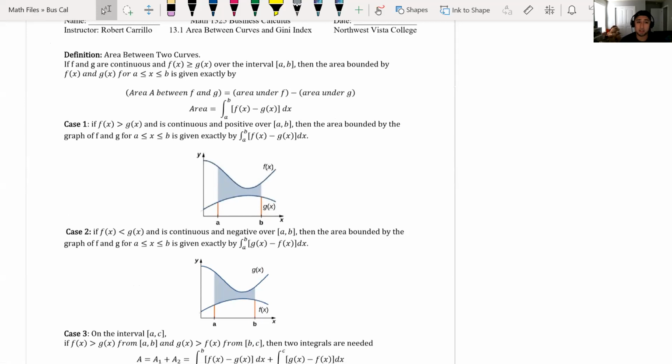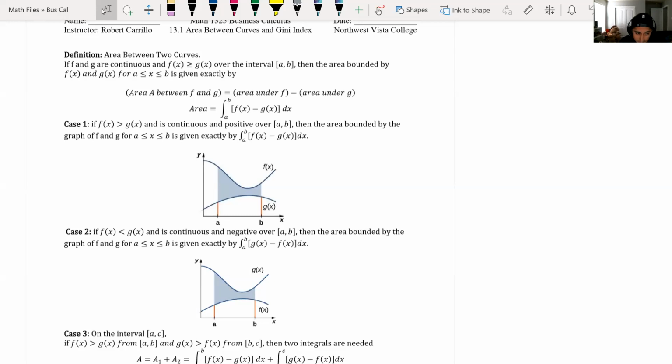So if f and g are continuous, and if f of x is greater than or equal to g of x on the interval AB, then the area bounded by f of x and g of x for a given interval AB is exactly given by the area A between f and g is equal to the area under f minus the area under g, or the integral from A to B of f of x minus g of x. All right, that's what we're going to work with.